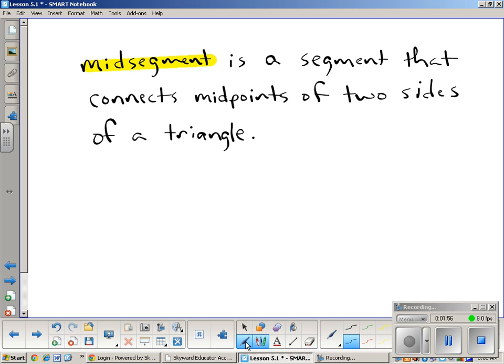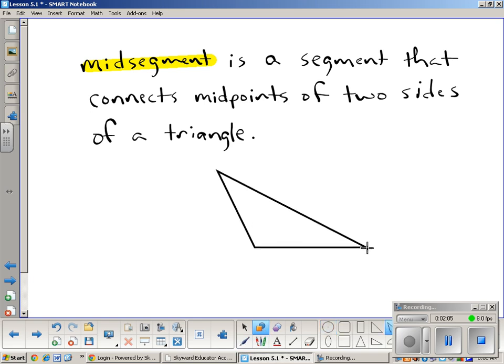Okay? So if I have a triangle here, and if I know that's a midpoint, that's a midpoint, and that's a midpoint, okay? Mid-segments then are going to connect these midpoints.